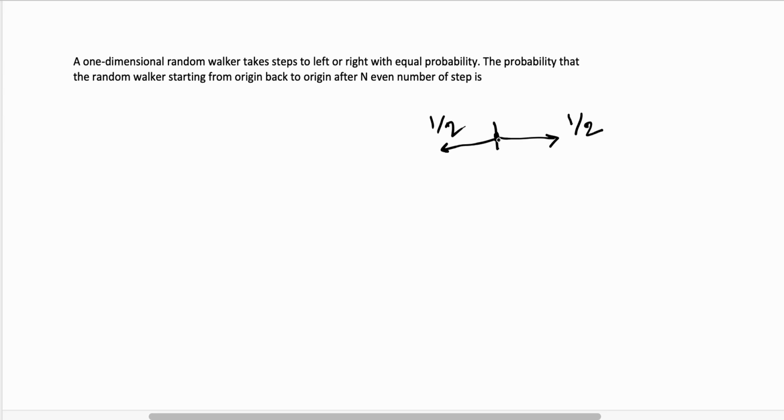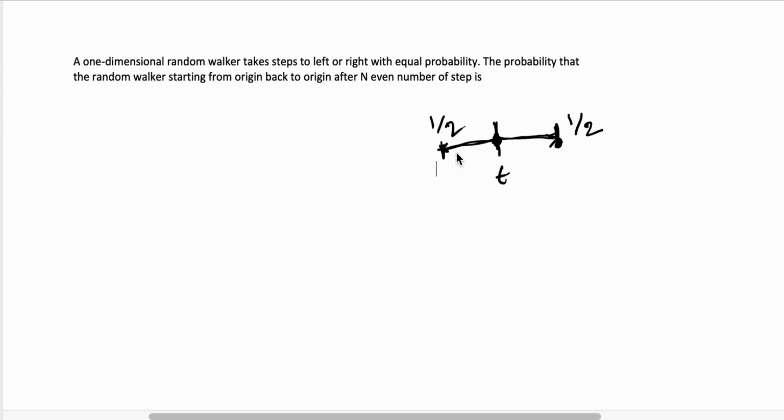Suppose at time t he is in this position. Now he will go to the right, that means to this position, with probability half, or he can go toward this position with probability half.